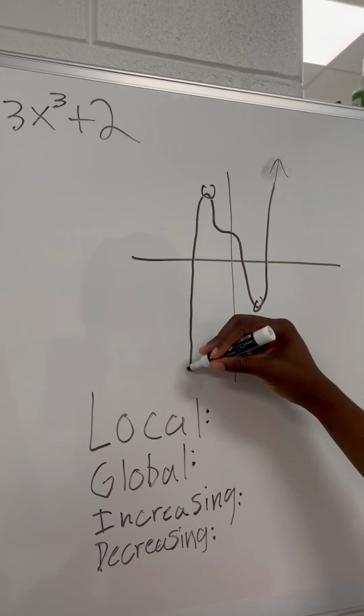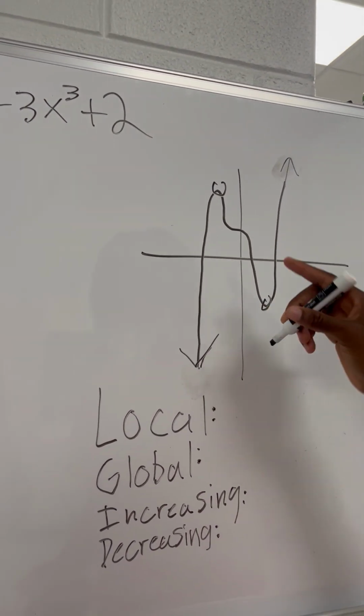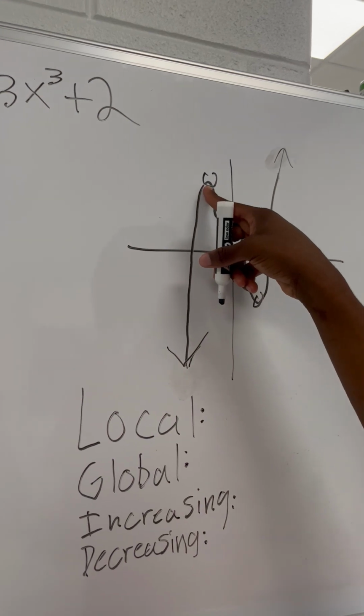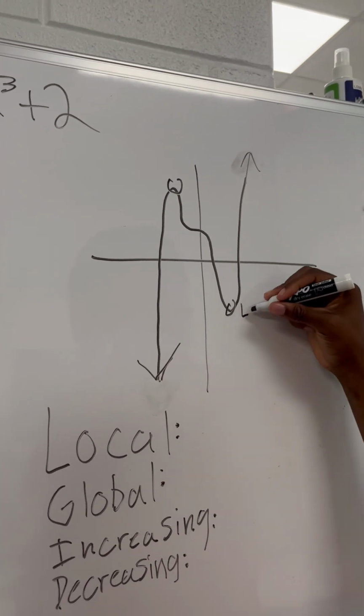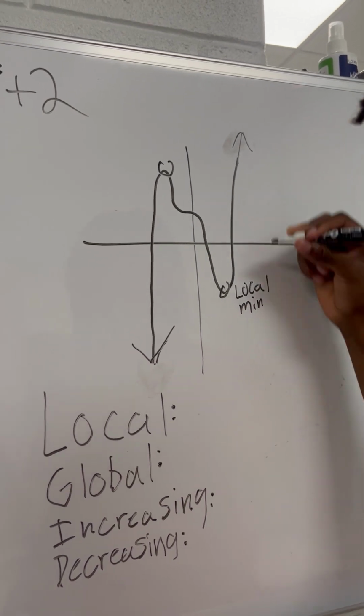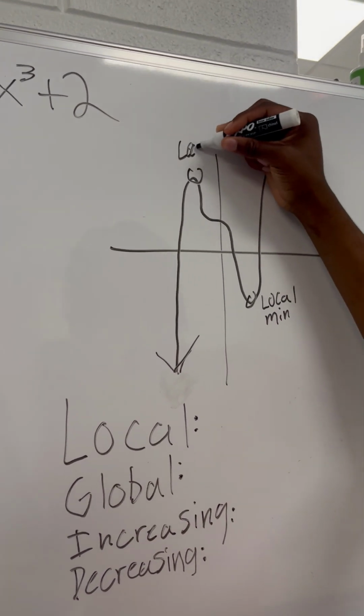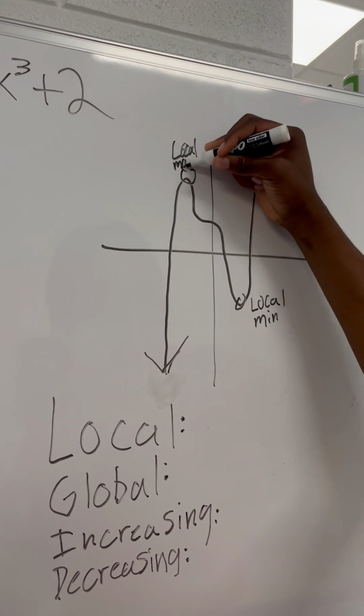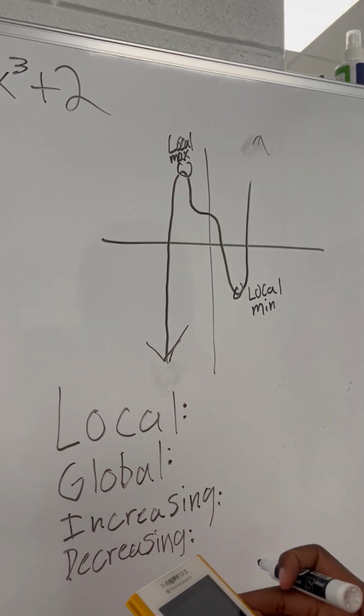They continue to go. So our local maximum and our local minimum. Okay, so now let's look for those.